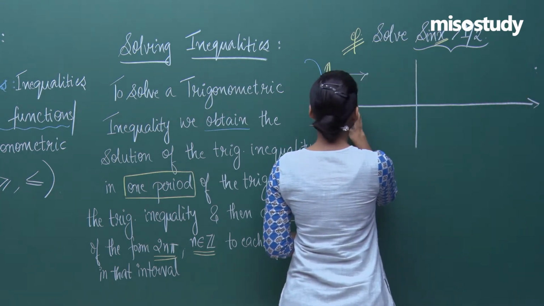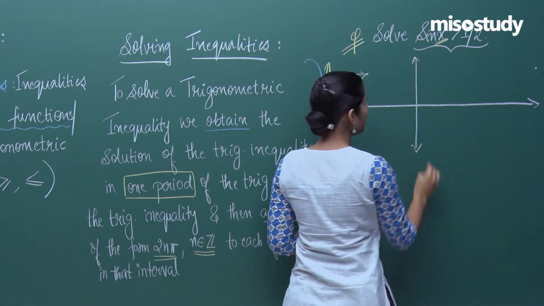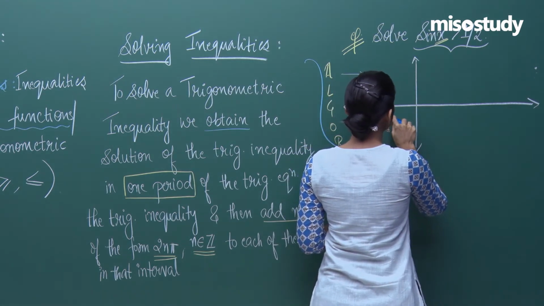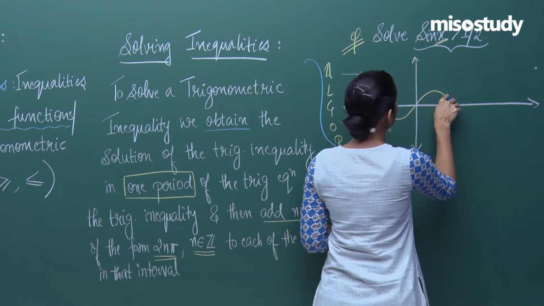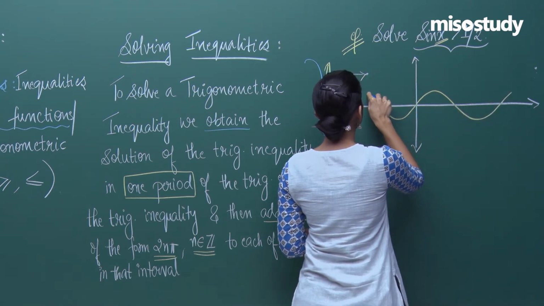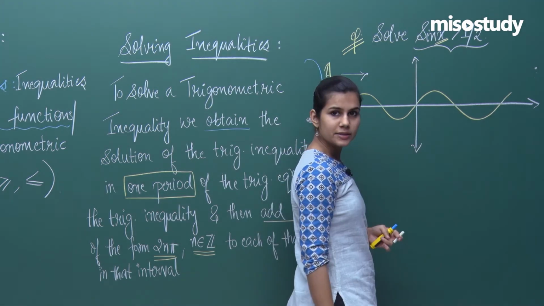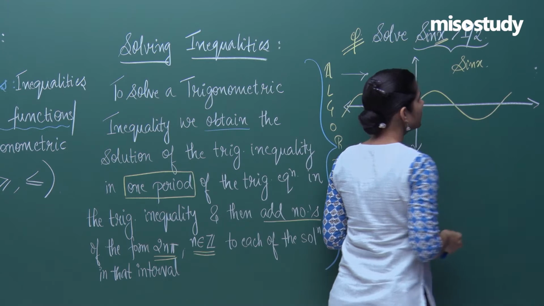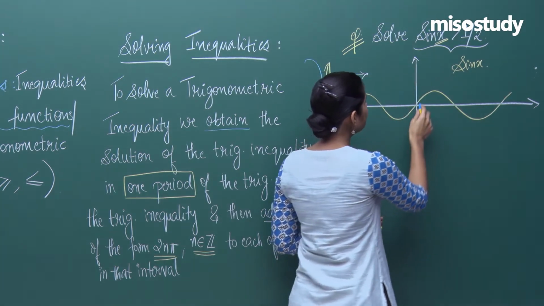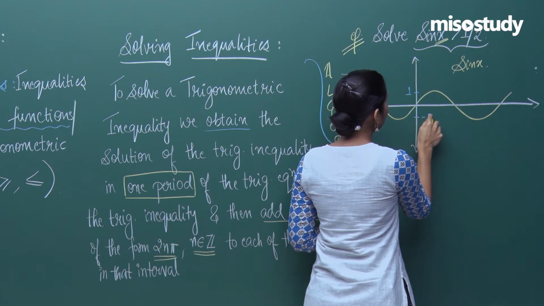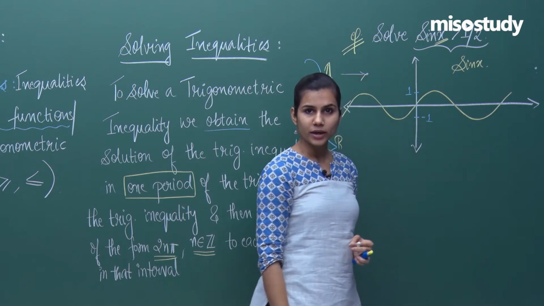How does the graph of the sine function behave? Well, if you remember, this is how the graph of the sine function behaves. Obviously, the maximum that it attains is 1 and the minimum that it attains is -1.